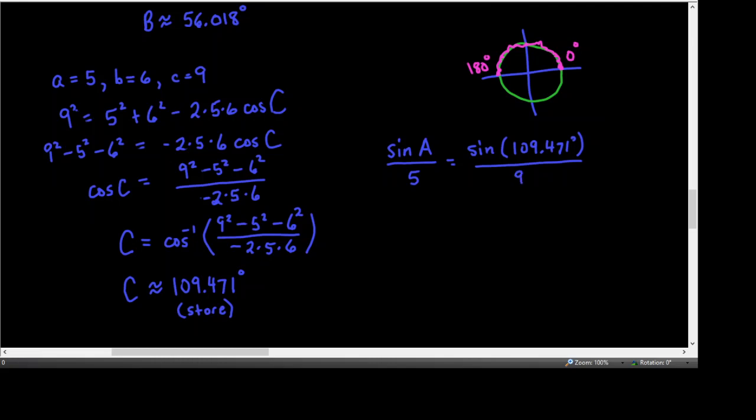And of course that'll be sine of C over c, which is 9. So you'll isolate the trig function, sine of A, first, by multiplying both sides by 5. And then use sine inverse to find A.